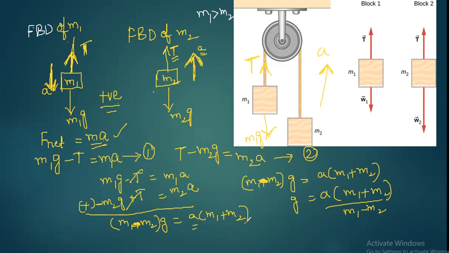From equation 3, we can easily get A now. So A is equal to M1 minus M2 times G by M1 plus M2. This is our A value, right?